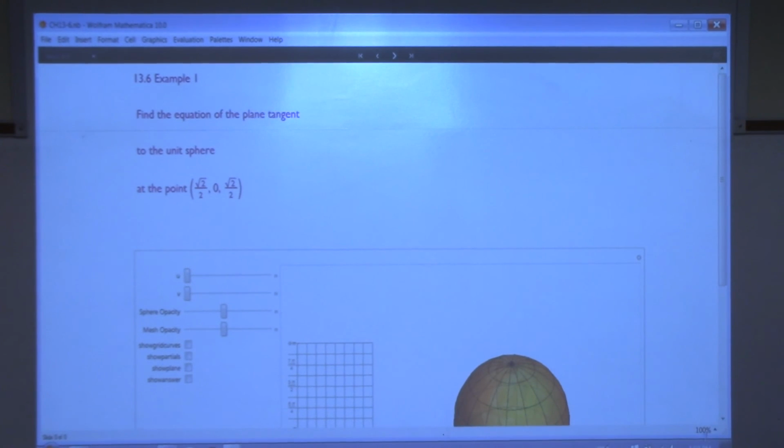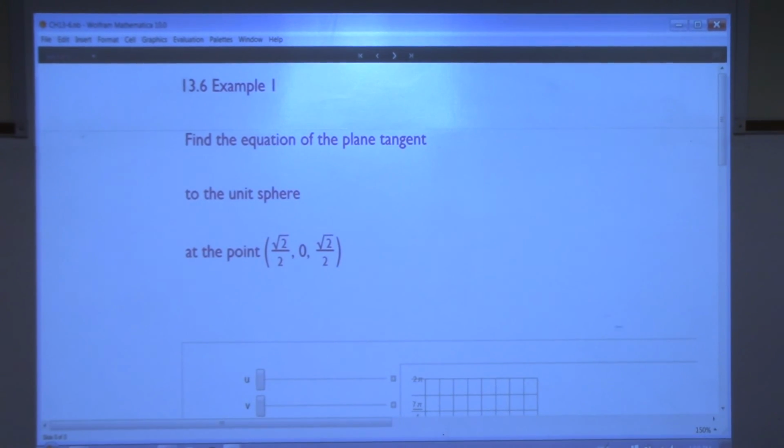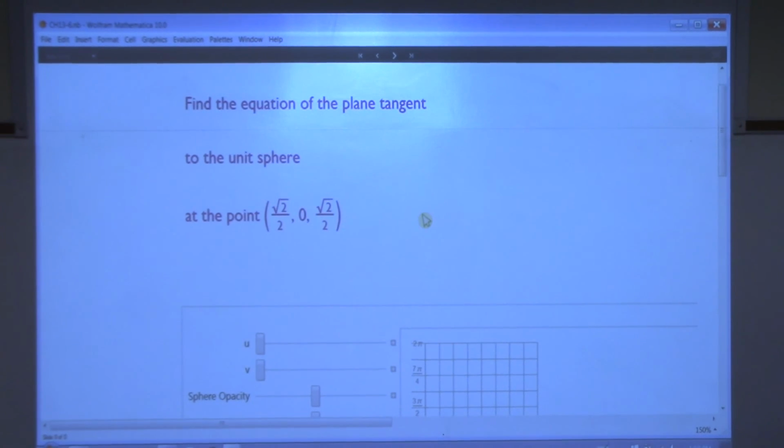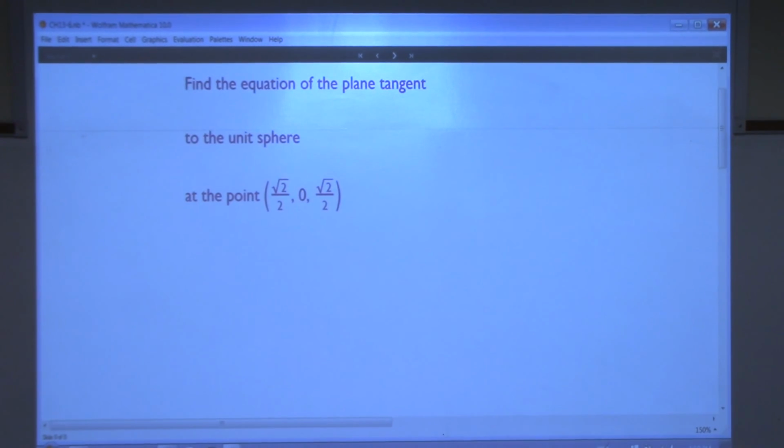All right, so here's the first problem that we're going to do. Let's find the equation of the plane that is tangent to the unit sphere at this point.